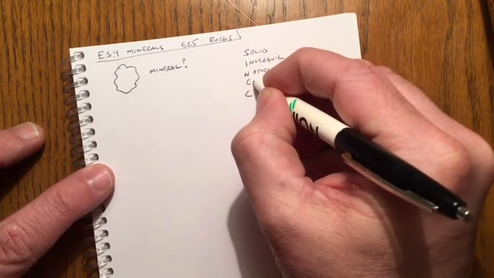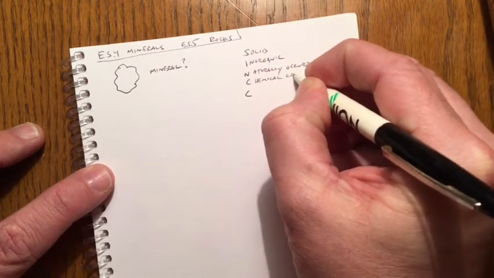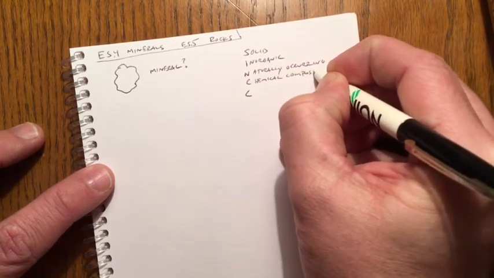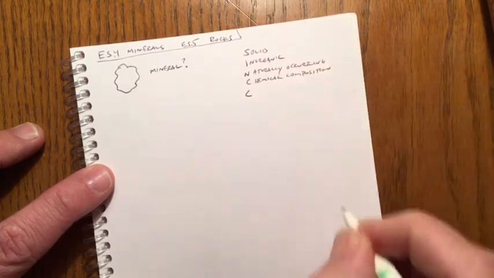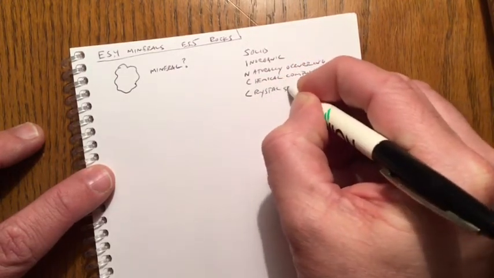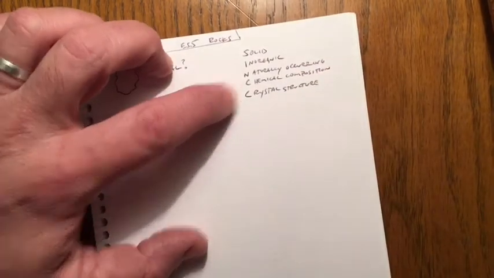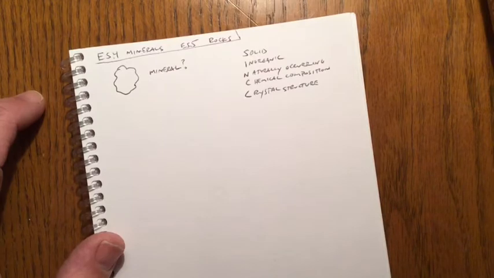It's got to have a definite chemical composition. I'll talk a little more about what that means, and a definite crystal structure. Both of these things basically mean it's a pure substance.